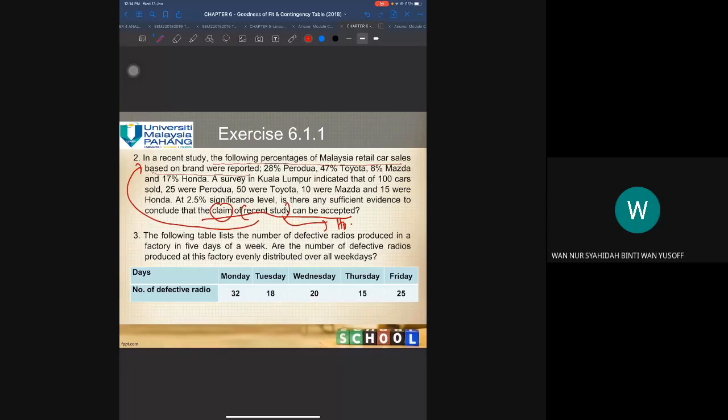You are given percentages, which is the distribution of your data. By using this distribution, we calculate the expected frequency.